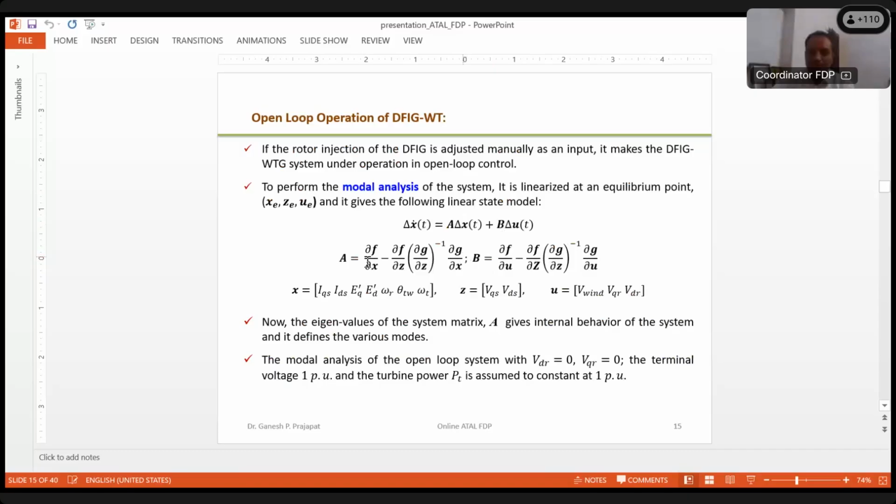Here F is the set of differential equations which I already explained in the last 2-3 slides. G are the algebraic equations, where X is the state variable and Z is the algebraic variable. By making these matrices A and B through linearization, the eigenvalues of these matrices will give the stability, or the small signal stability.